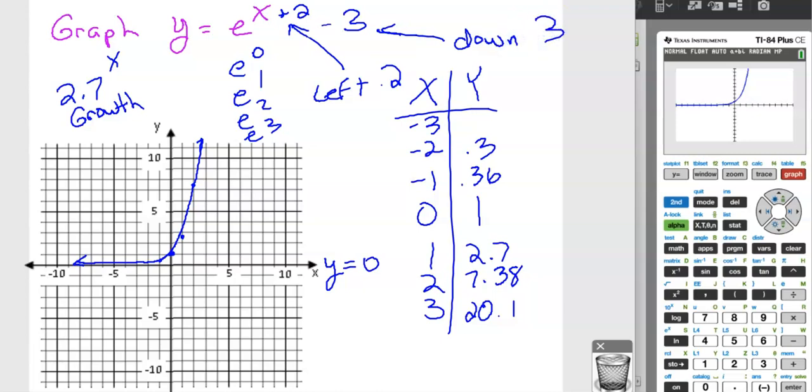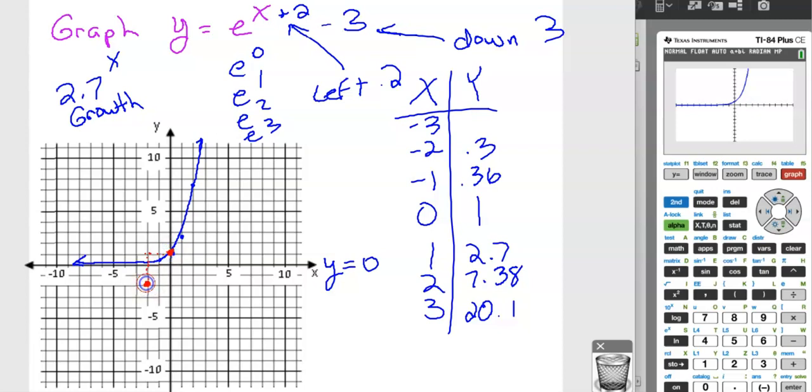We just talked about these transformations in the first part of 5.1. So we could take that same growing function and move it down 3 spaces and left 2 spaces. Every single point is shifted left 2, down 3, even this point right here.